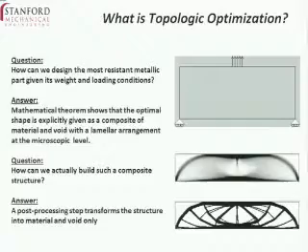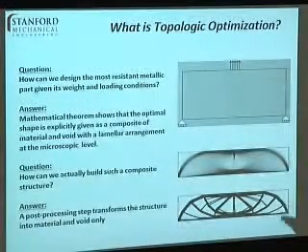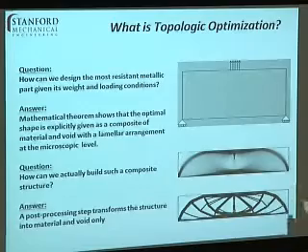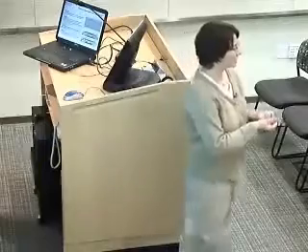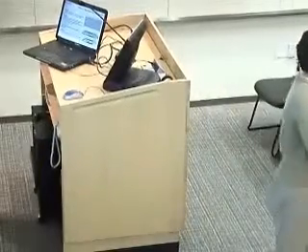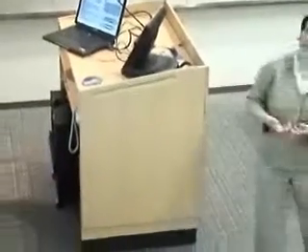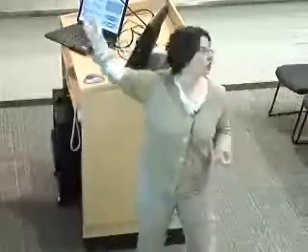We have a domain, and we have certain loading conditions on the domain. The problem is the following. You have a certain weight of material that you want to put in your domain, such that the material is the most resistant to this loading configuration.